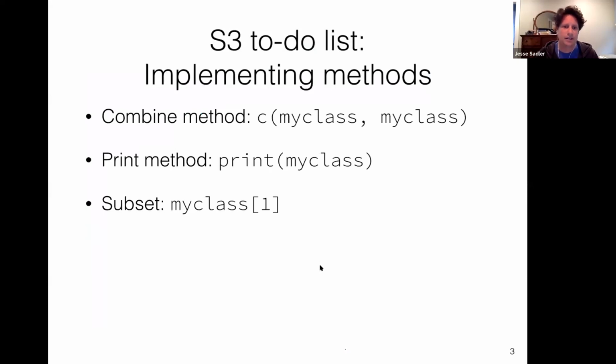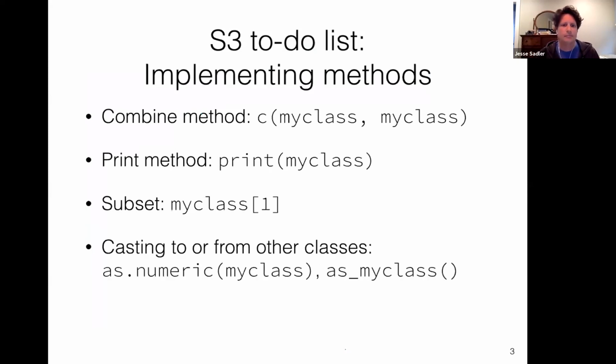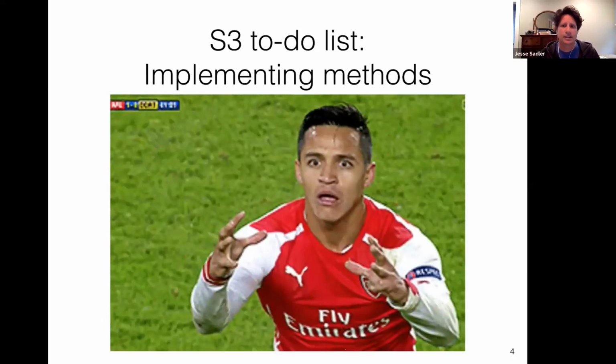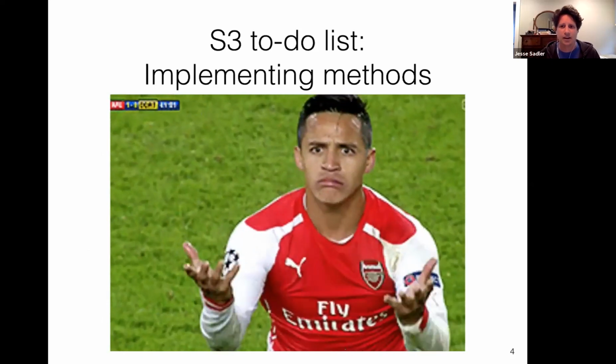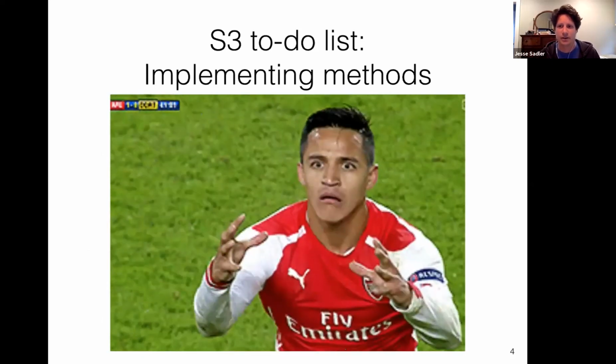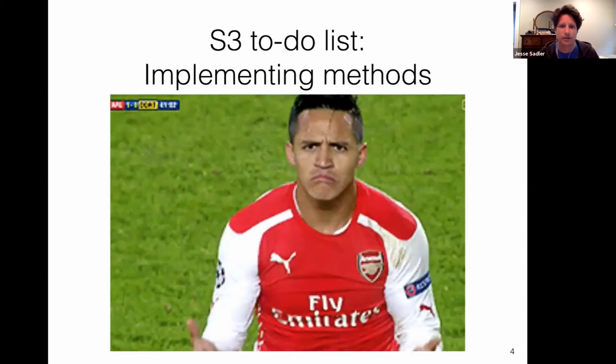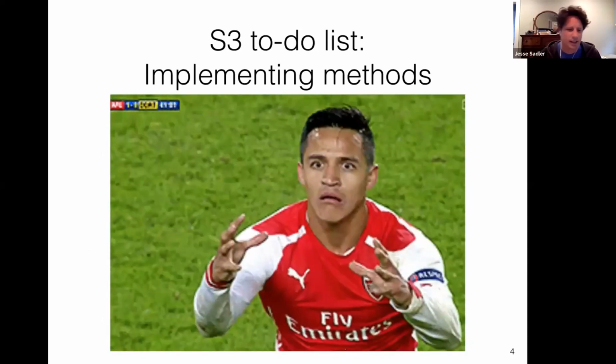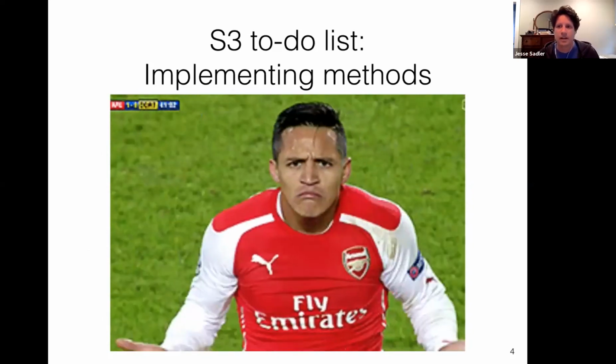We need a subset method, casting to or from other classes, so making your class numeric, or making a numeric value your class, whatever it is, and things like plotting. So these are things that we need to do if we want to make an S3 class, but it's not always clear what we need to do in order to do those things. And you have to go through and deal with a lot of methods and generics and stuff like that. And it's not that easy.